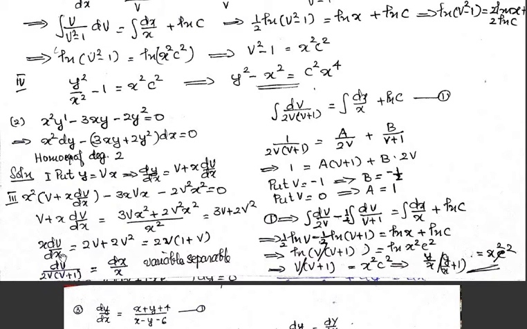So x dv by dx, this v gets cancelled with this one, 2v plus 2v square, that is 2v into 1 plus v. So x dv by dx is a function of v alone, so it is variable separable. So dv by 2v into v plus 1 is equal to dx by x.